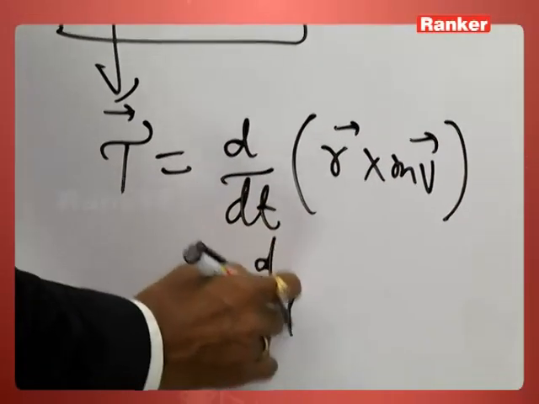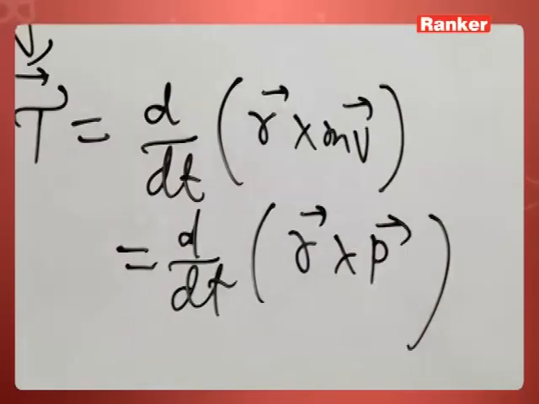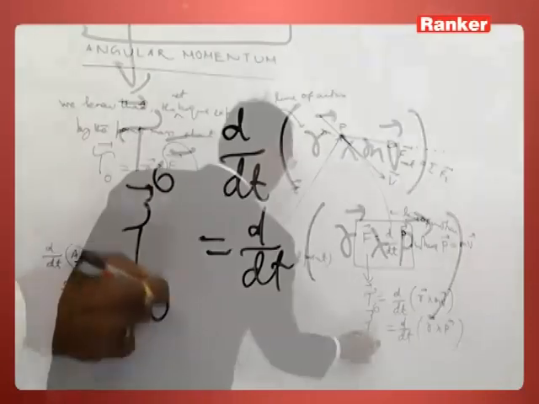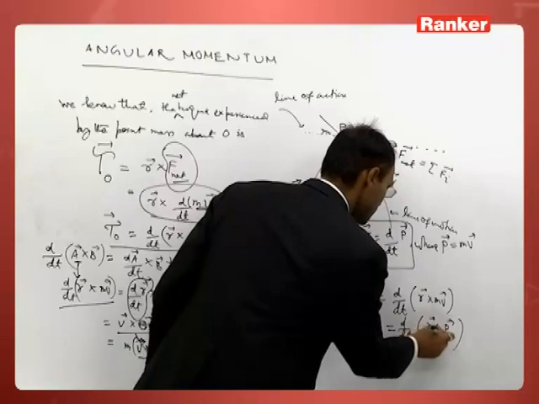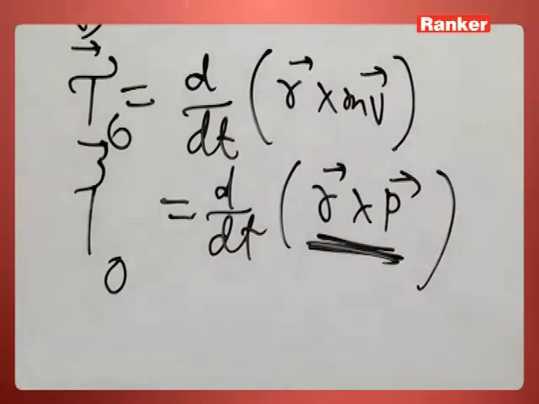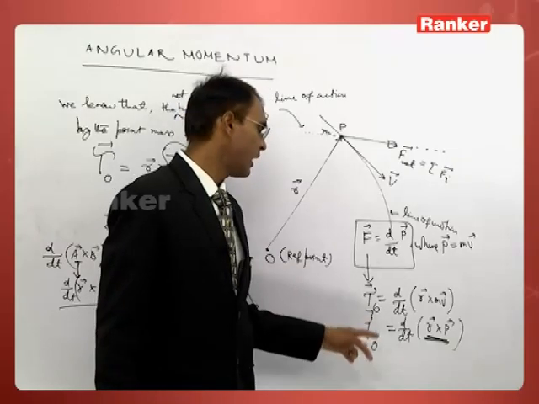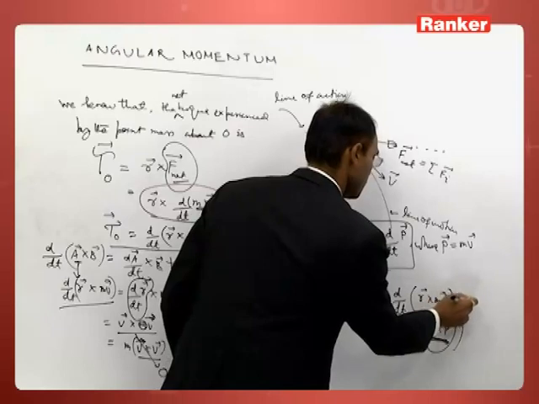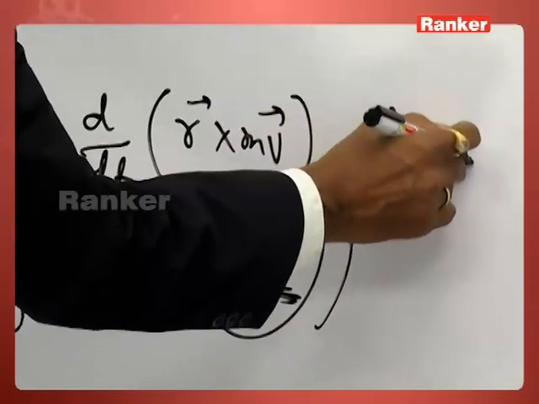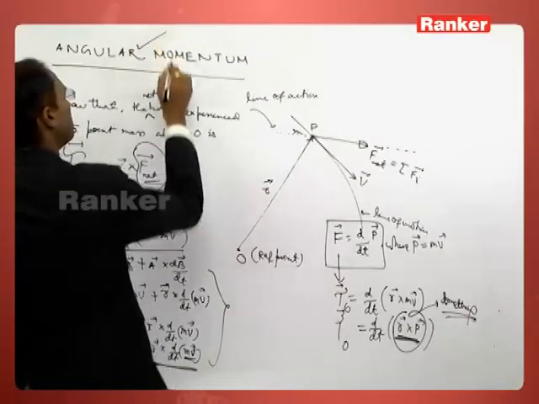mv can be written as the p vector, the linear momentum vector. So tau, the torque, must change something. We expected that the torque will change something, and really it is changing something, and that something is called angular momentum.